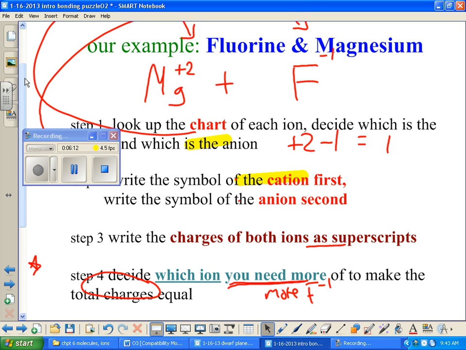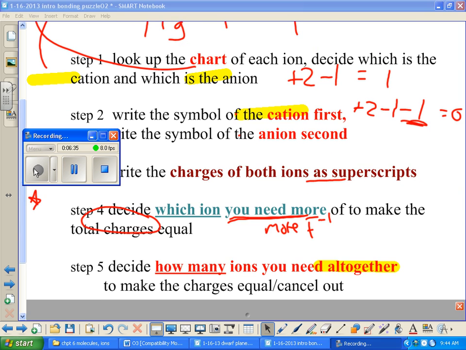We need more of them. Brooke, how many more minuses do I need to make it equal 0? Plus 2 minus 1, minus 1 more. I'll get you a calculator. Brilliant. Thank you.